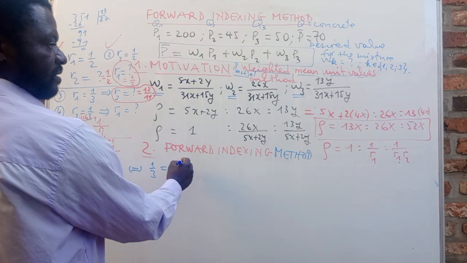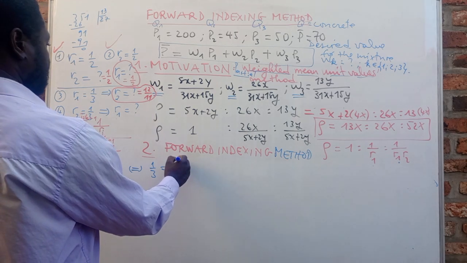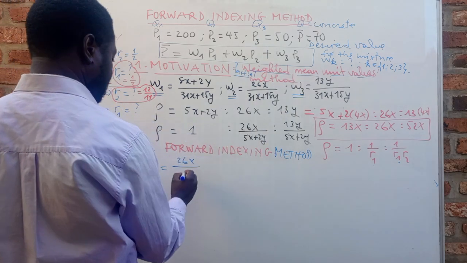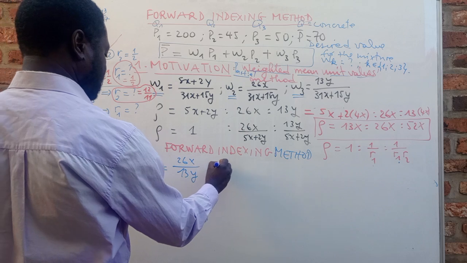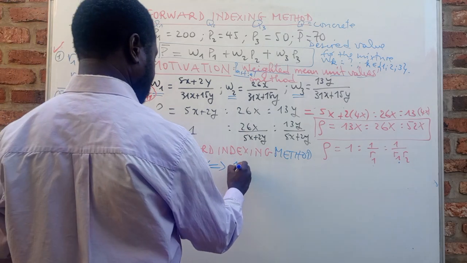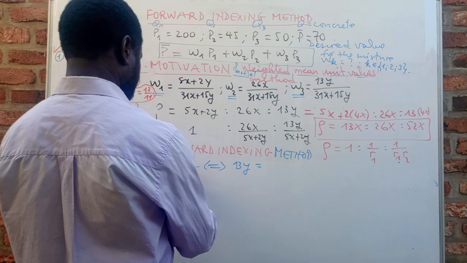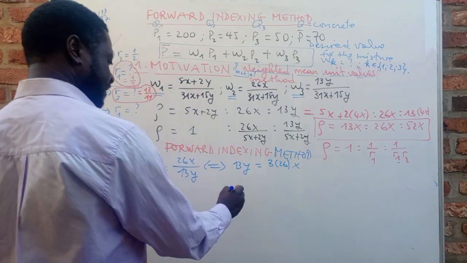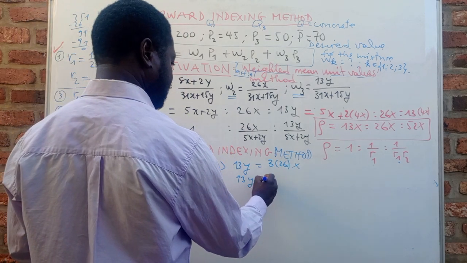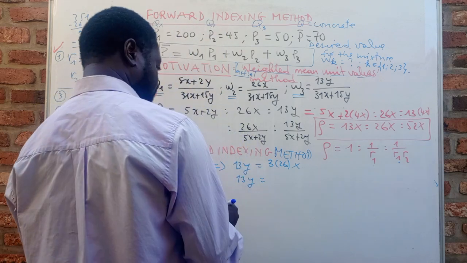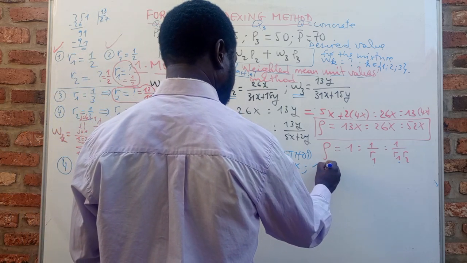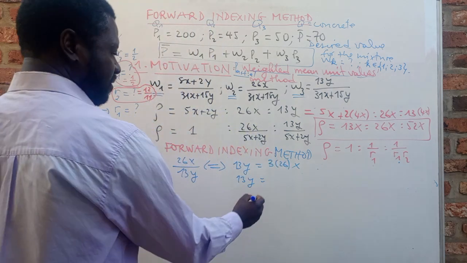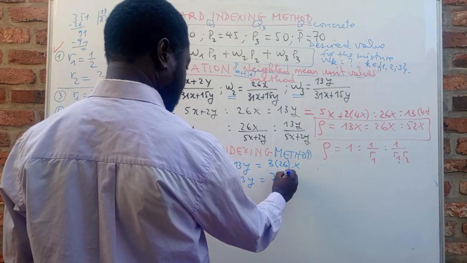We get 26x divided by 13y. So if we take the cross product, 13y is equal to 26 times 3x. 26 times 3 is 78.